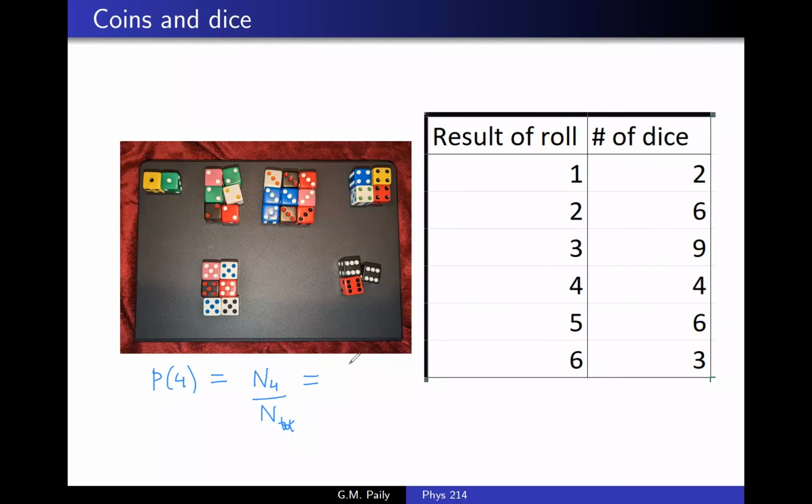So in this case, that would be 4 over 30, which would be 2 over 15. And I can do the same for 6, right? The probability of picking one of these dice at random and getting a 6 is going to be n6 over n total. And so that would be 3 over 30, which would just be 0.1.